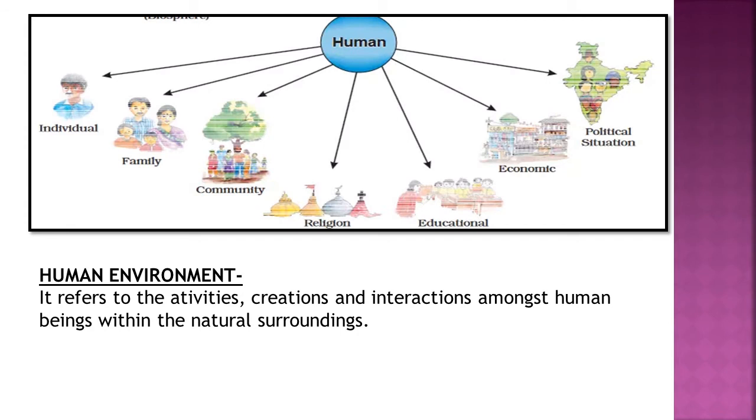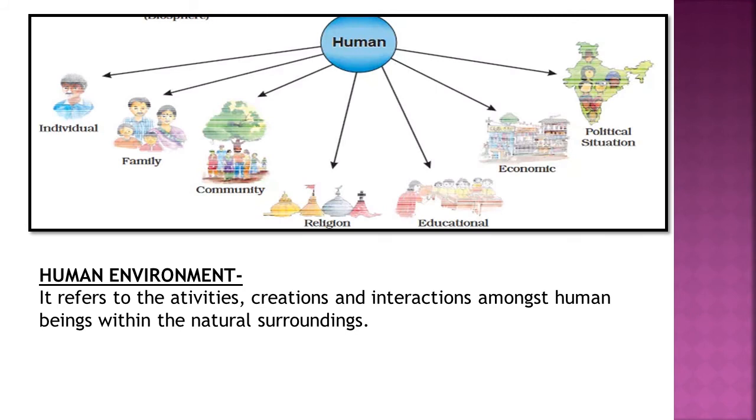All this is part of human environment because we interact with it. Human environment is that environment in which humans interact, they modify it. So this is not something which can be seen or touched like human made environment. So family relations are part of human environment. Community relations, how communities live, how they behave, how they work together, are part of human environment.